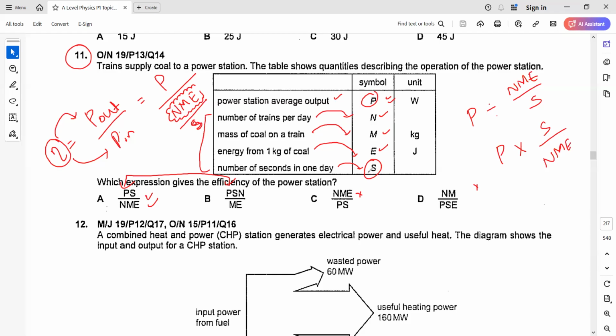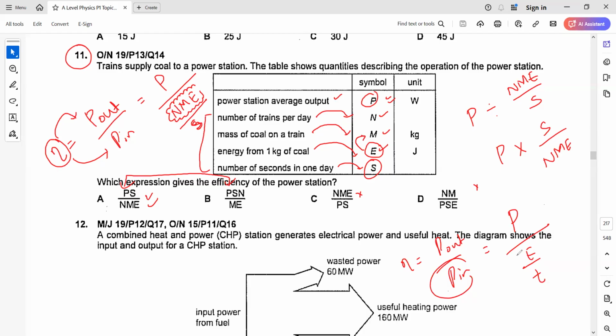See, basically they wanted us to find out the expression for power station's efficiency, right? That's output power over input power. So output power clearly is given, that's P. So input power basically has to have energy per unit time, because power is energy per unit time. So energy supplied by 1 kilogram is E. We are not having only 1 kilogram. We don't know what amount of mass we have. So each train would be carrying thousands of kilograms of coal, right?